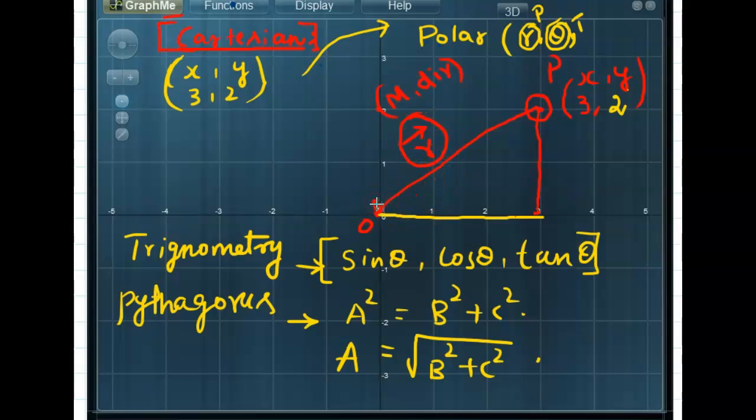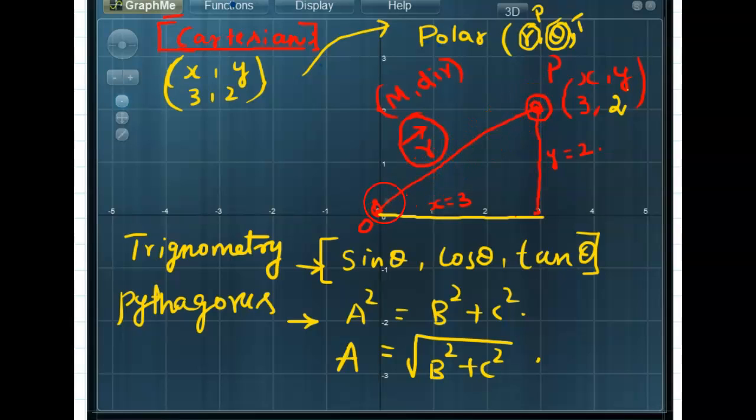Magnitude is an amount, it's a value, it is a size. For example, these 3 units means x is equal to 3 units and here y is equal to 2 units. So if it is 3 kilometers, 2 kilometers, this will have some value.